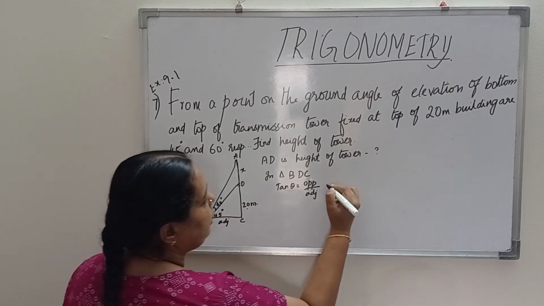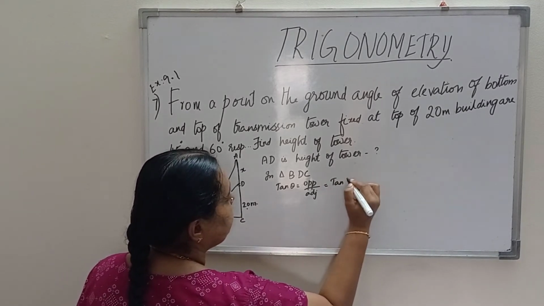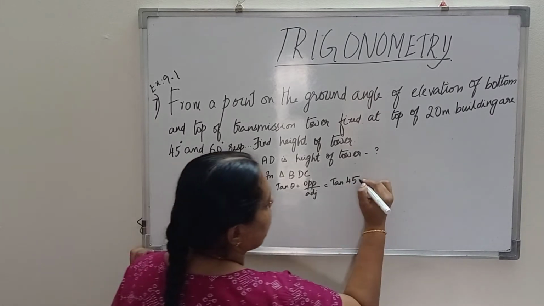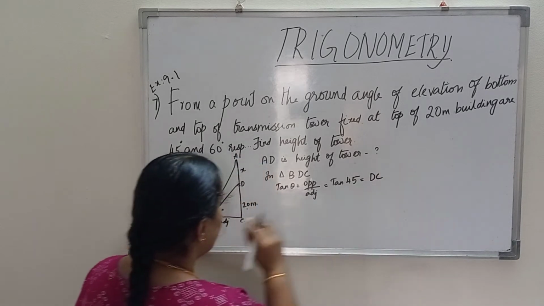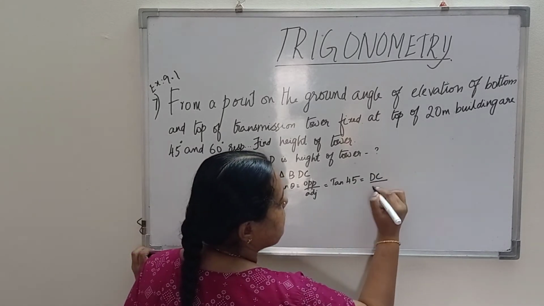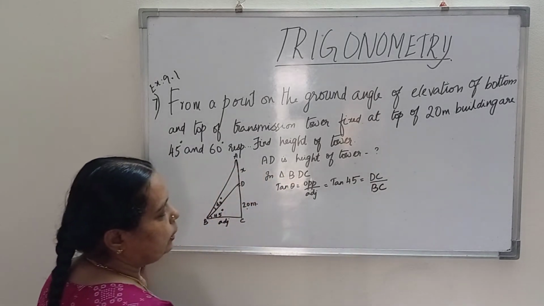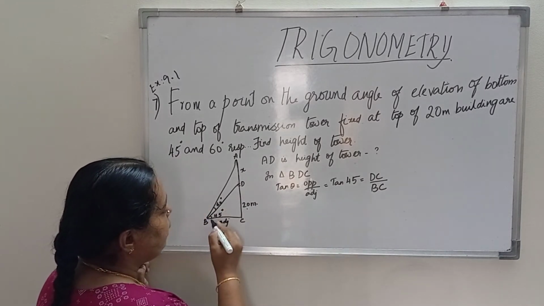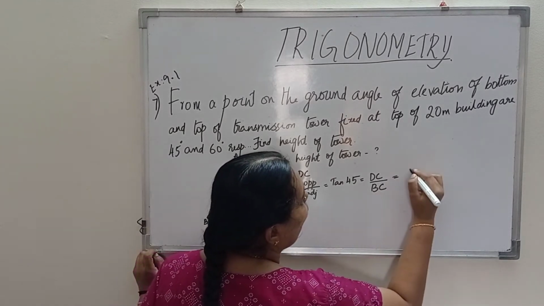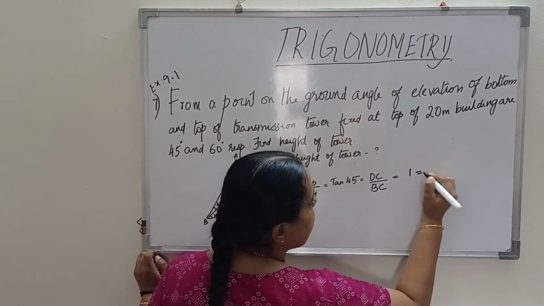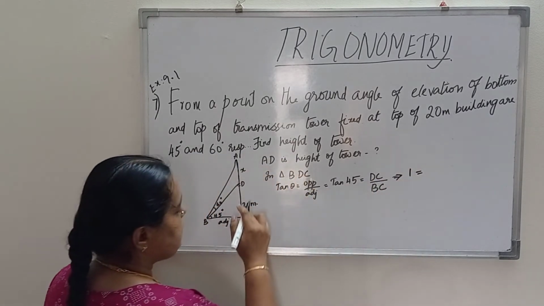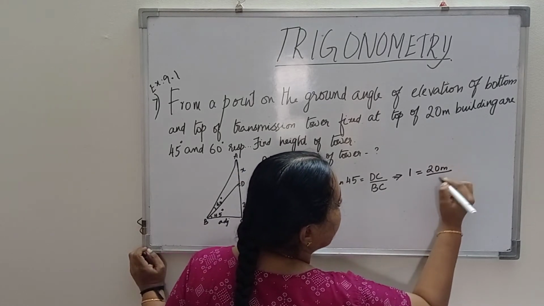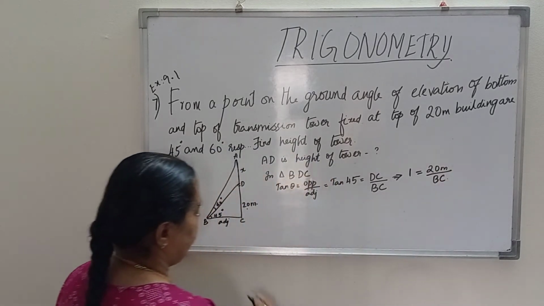So tan 45 is equal to the opposite side, DC, by the adjacent side, BC. Tan 45 is equal to DC by BC. Tan 45 is nothing but 1, so 1 is equal to DC, which is 20 meters, by BC.